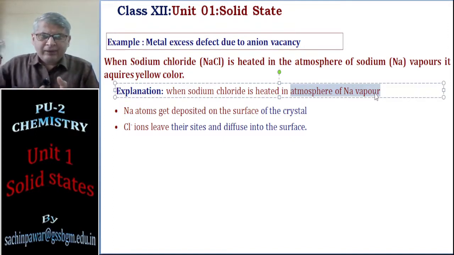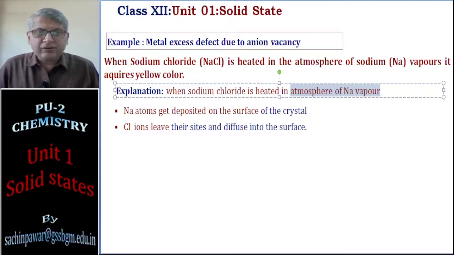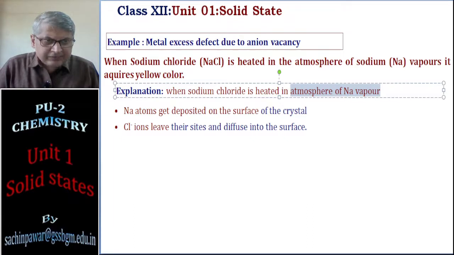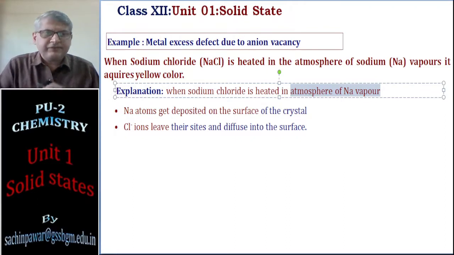When you heat it, the first thing that happens is, suppose I have a sodium chloride crystal, on the surface of the sodium chloride some sodium atoms get deposited from the sodium vapors. And some anions, some Cl minus ions, leave their sites and diffuse out to the surface.